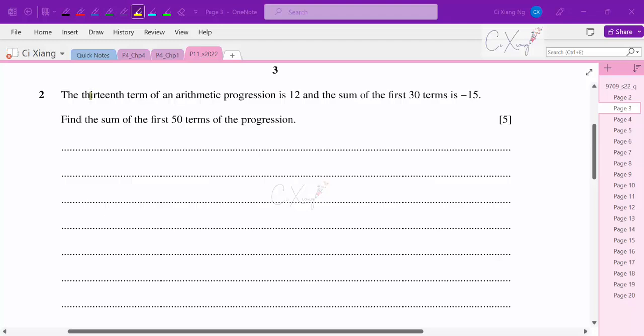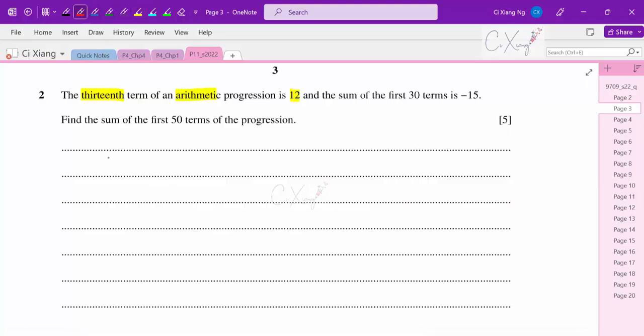For this question, they tell us that the 13th term for an arithmetic progression is 12. For this statement, we can write out T13 equals to 12. And we would like to substitute the formula for the nth term of an arithmetic progression, Tn equals to a plus n minus 1 d.